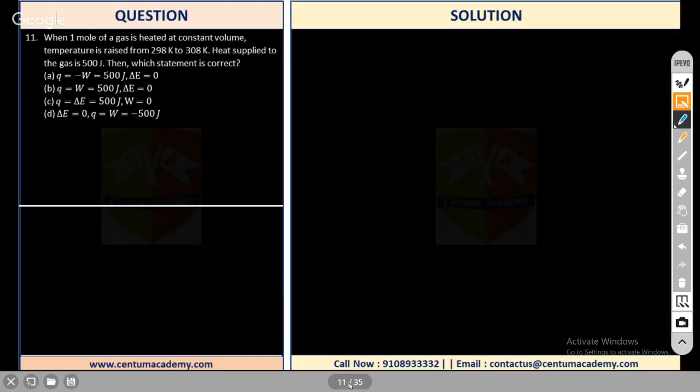This one is easy, right? When constant volume is there, work done will be 0. And when work done is 0, only the third option is correct. Constant volume, hence work done is 0. That's why C is correct.